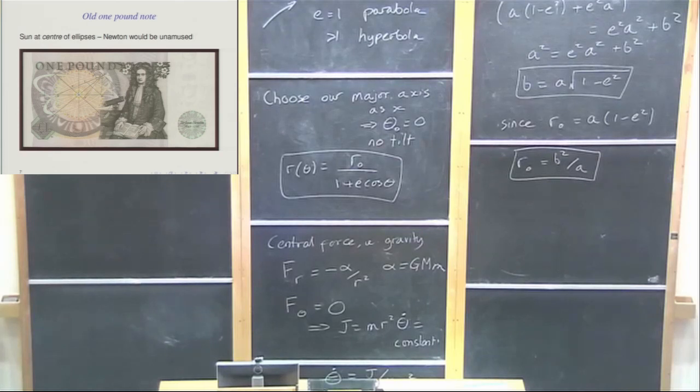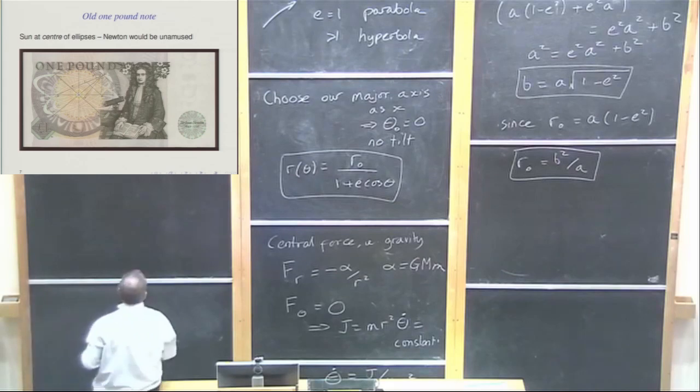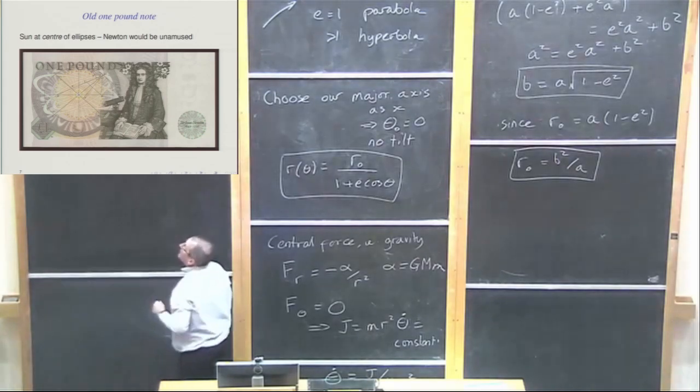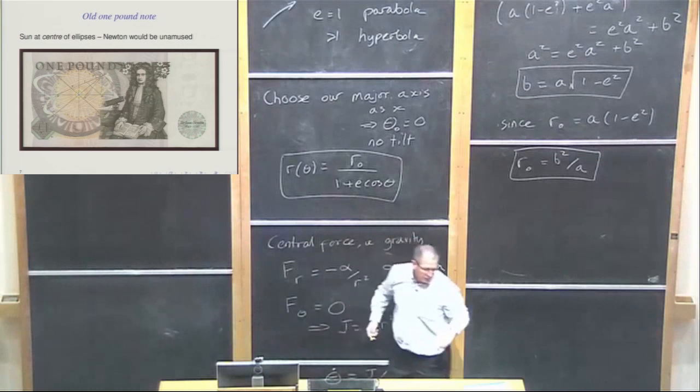And so you clearly see ellipses here, and you clearly see the sun, but you note that the sun has been placed right in the centre of the ellipse rather than at a focus of the ellipse. So this is physically wrong, and this note has now been withdrawn from circulation, but I think that's more to do with inflation rather than physics.